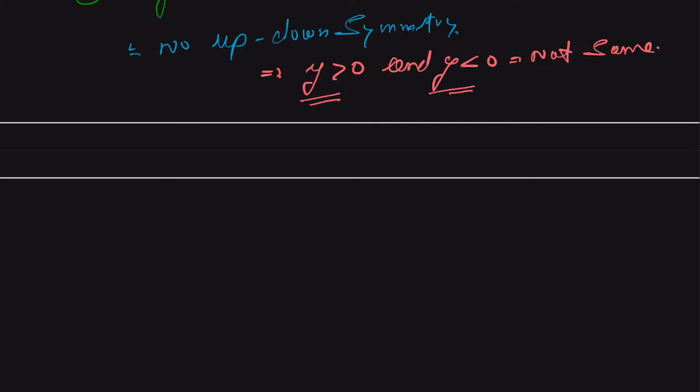So let us consider two conditions. The first condition is that this test ion is near the negative charge. We consider this test ion to be near the negative charge.